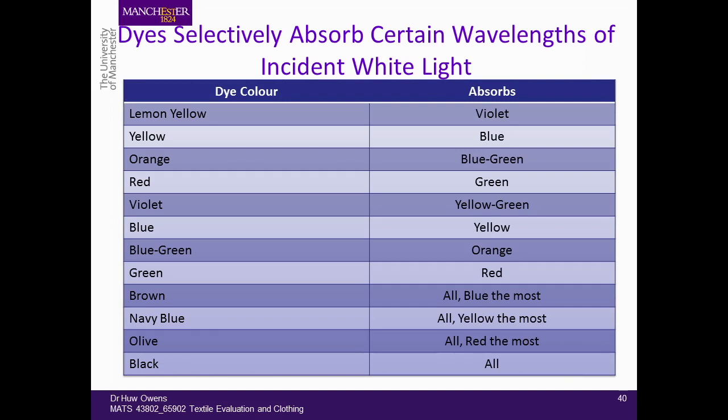So if we look at different dyes, they're coloured because they're taking out certain parts of the light. So if we start with white light, they're going to absorb certain parts of the visible spectrum. So a lemon yellow will take out violet. So that's a little bit of a mixture of some red and some blue. Yellow, well, that's a mixture of red and green, we know that, so that's going to take out the blue.